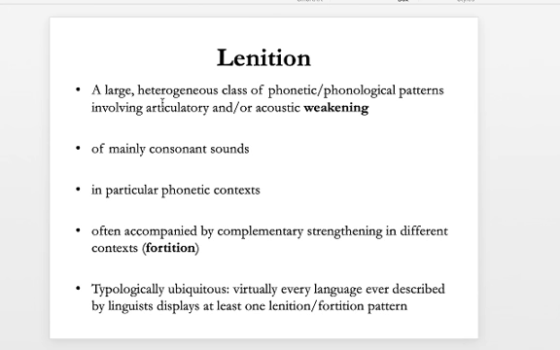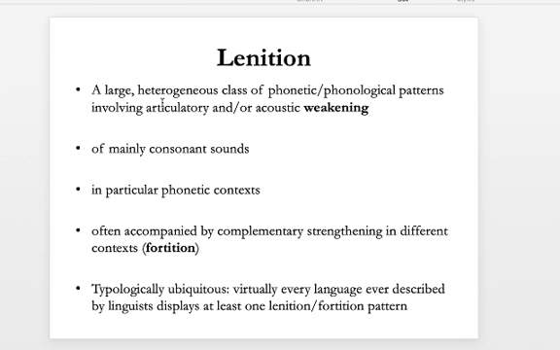And this weakening or lenition of consonants tends to happen in particular phonetic contexts, while in the complementary context, in other phonetic contexts, instead of weakening, we find a complementary strengthening of those same consonants. Those processes are referred to as fortition, and so normally for the kinds of sound patterns I'm talking about, you find lenition in complementary distribution with fortition.